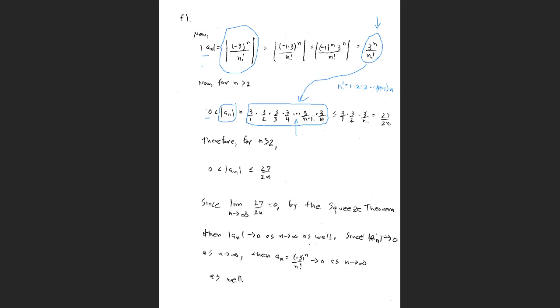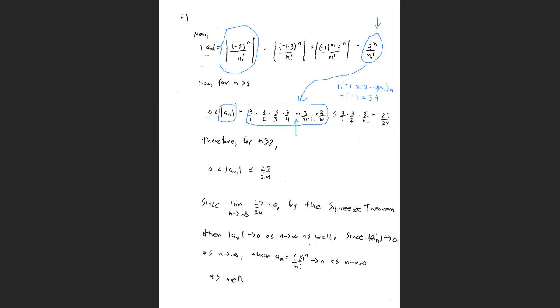So that's equivalent to taking 4 factorial and writing it as 1 times 2 times 3 times 4.